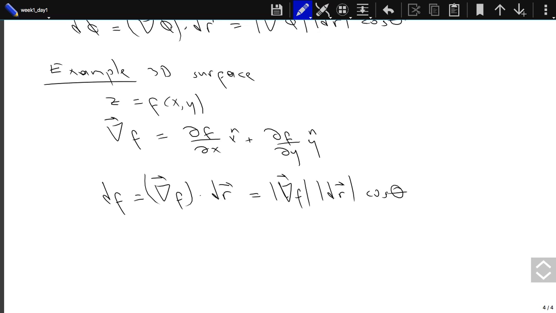That tells me the gradient is also in that direction, because cosine theta will have its maximum value, 1, so df will be maximum. So the gradient of f is actually in the direction in which my function increases the fastest. If you want to find the direction in which your function increases the fastest, the only thing you have to do is calculate the gradient. It already gives you that direction.